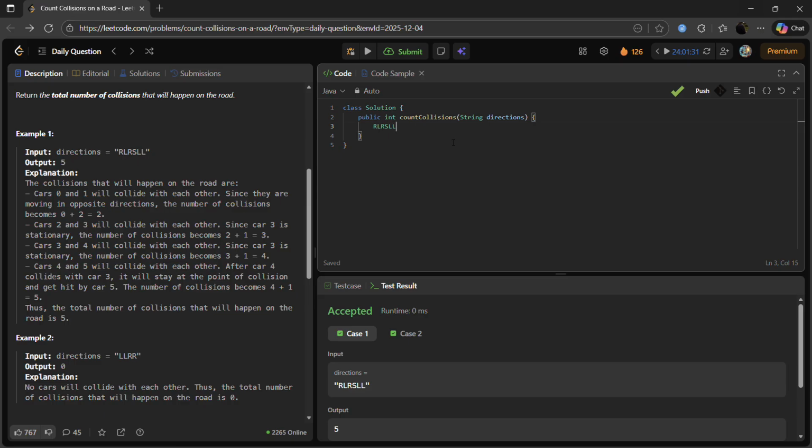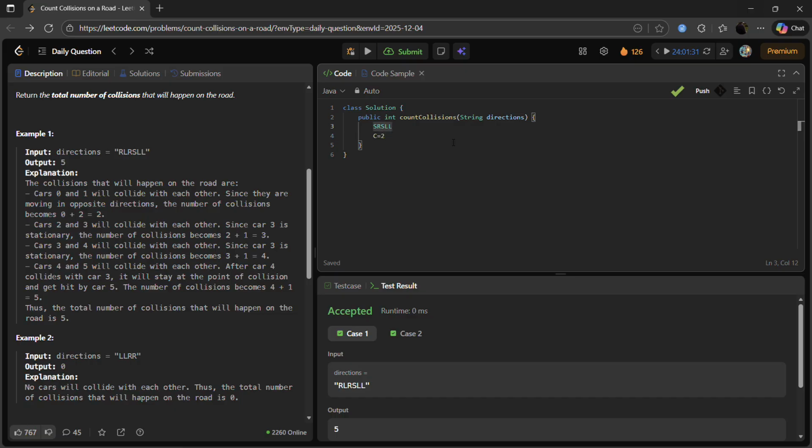So this is the given string. Now this car is moving towards the right, and this car is moving towards the left. These two cars collide, and they will become S, because once they collide they become stationary. So the number of collisions here is 2.